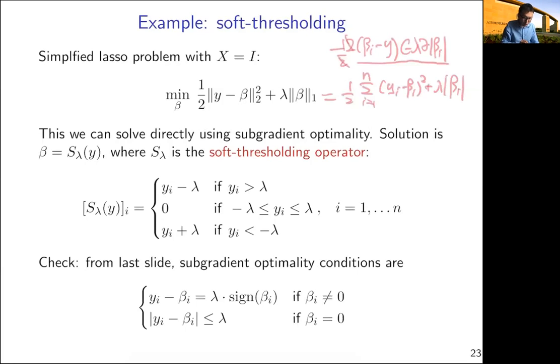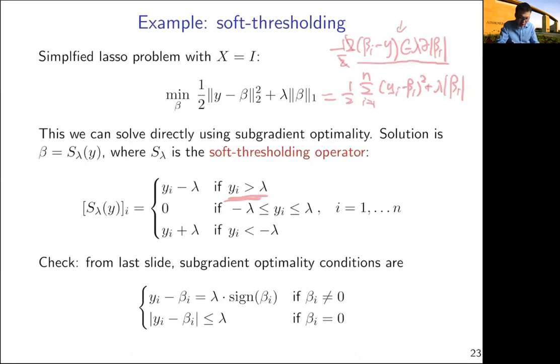In particular, for those y that are larger than lambda, we know that for this condition to be true, beta must be bounded away from 0.